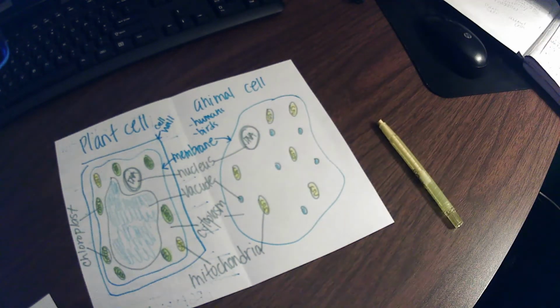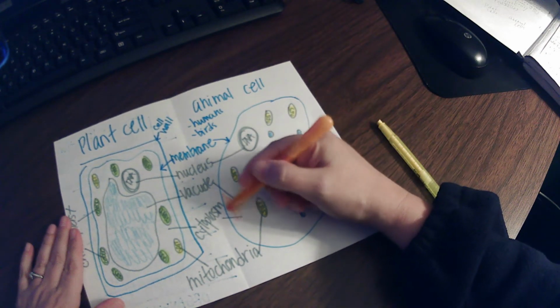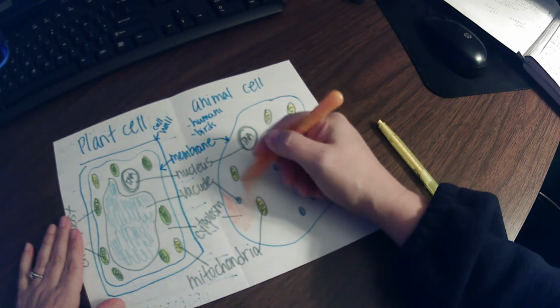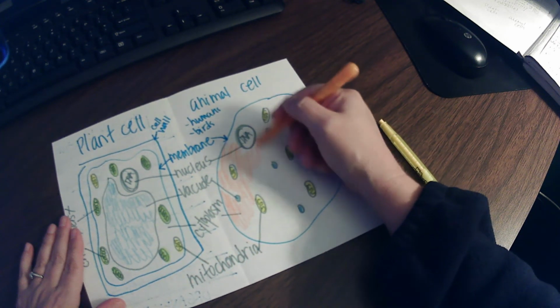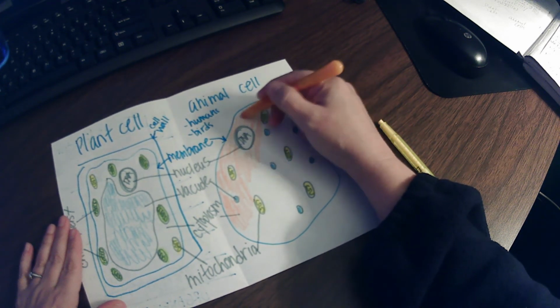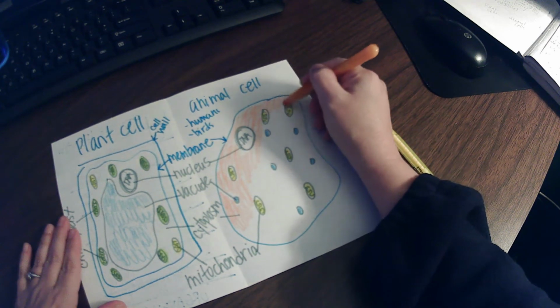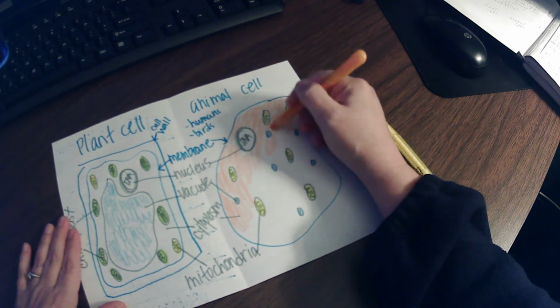It's a gel that holds everything in place. So all of this extra space here, all of this is that gel. It's like jelly or hair gel. You see those big bottles of hair gel? That's what cytoplasm is.